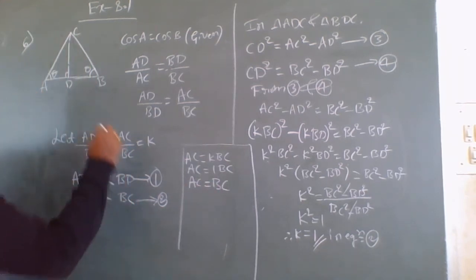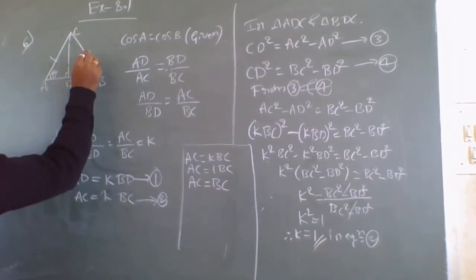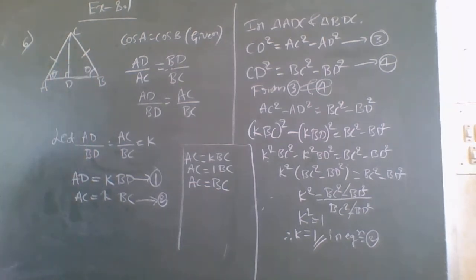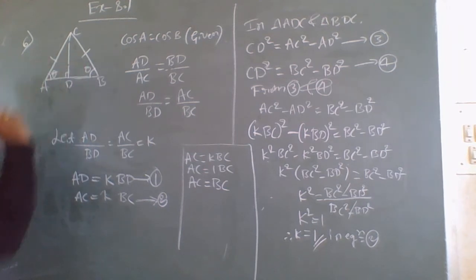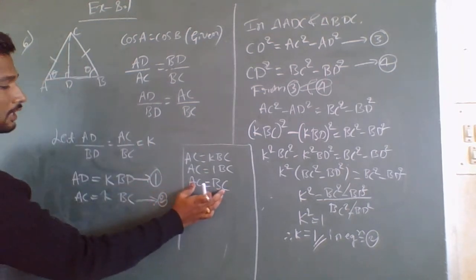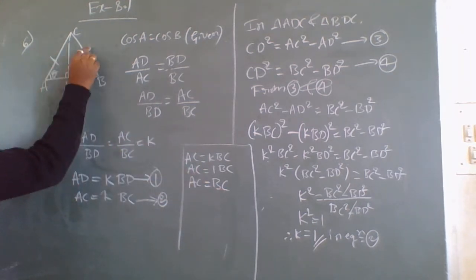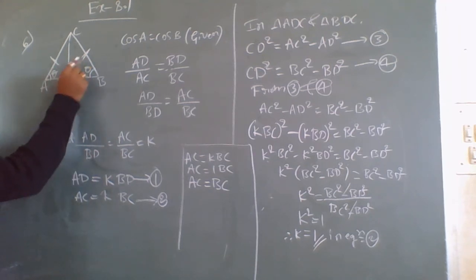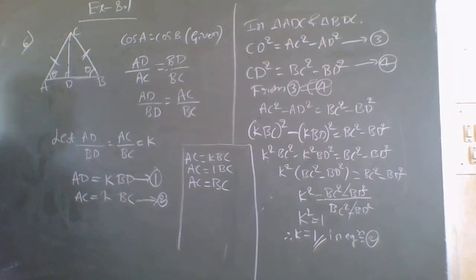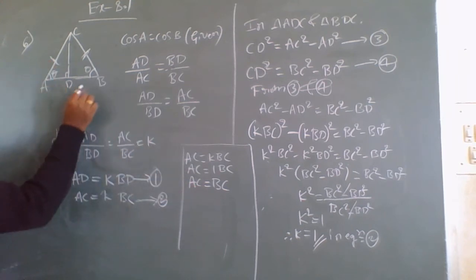Okay. So if AC equals to BC, then we know that angles which are opposite to equal sides are also equal. Here we got to know AC equals to BC means these two sides are equal. The angles which are opposite to these two equal sides are also equal. So opposite to AC, what is the angle?